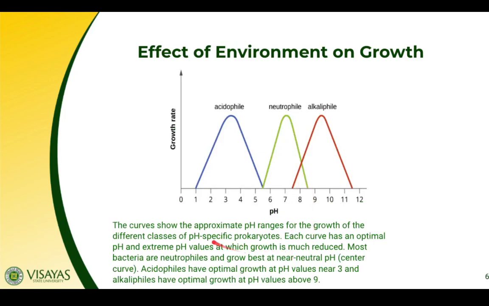These curves here show the approximate pH ranges for the growth of the different classes of pH-specific prokaryotes. Each curve has an optimal pH and extreme values at which growth is much reduced. For example, for acidophiles, the growth rate is at its highest between pH 3 to 4. For neutrophiles, the highest is at 7, and for alkaliphiles, the highest is between pH 9 and 10.